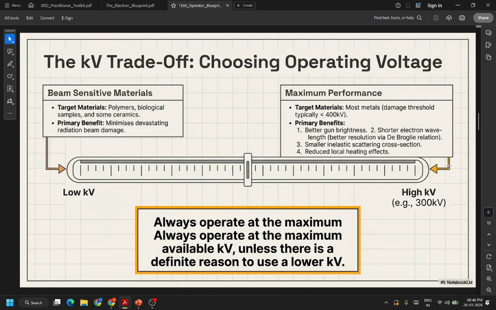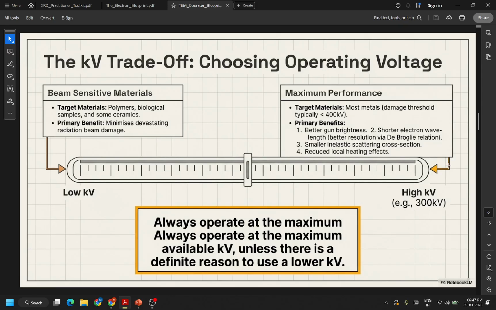So there's a trade-off. You can't just always operate at the maximum kV to get maximum performance. Some materials cannot operate at high kVs.